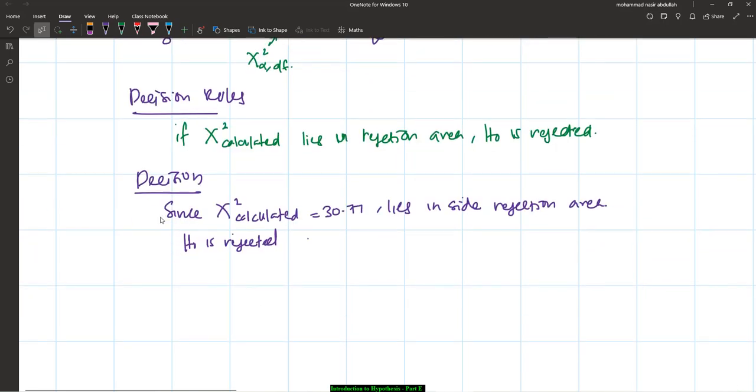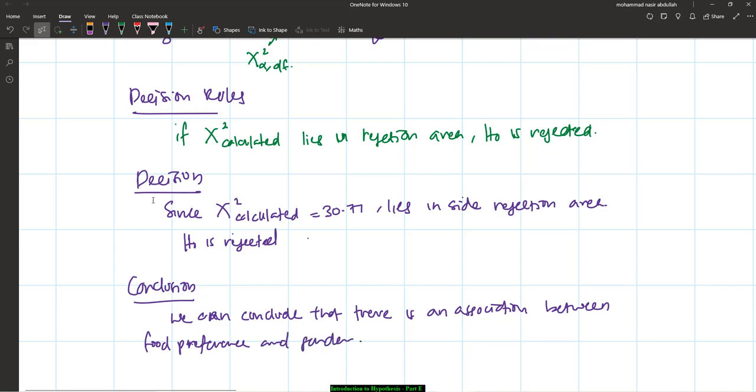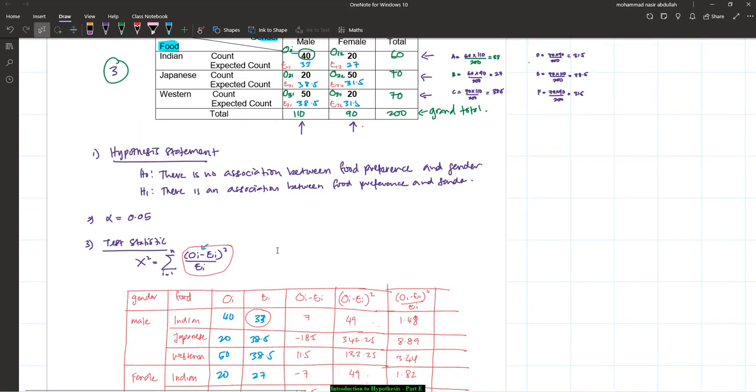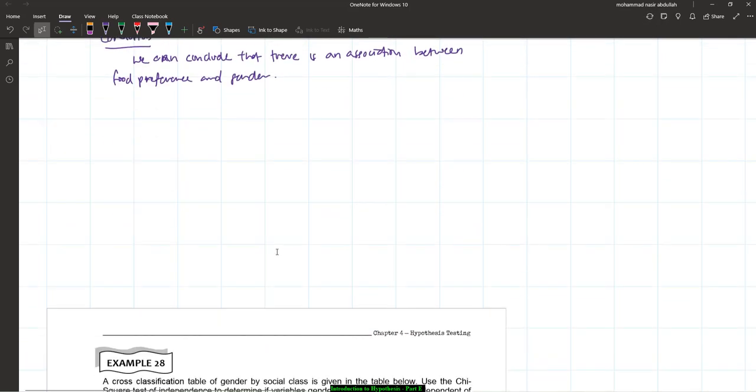So we reject the null hypothesis, and the conclusion is we can conclude that there is an association between food preference and gender, right? So this is how we do hypothesis testing for chi-squared in terms of independence. Chi-squared test of independence.